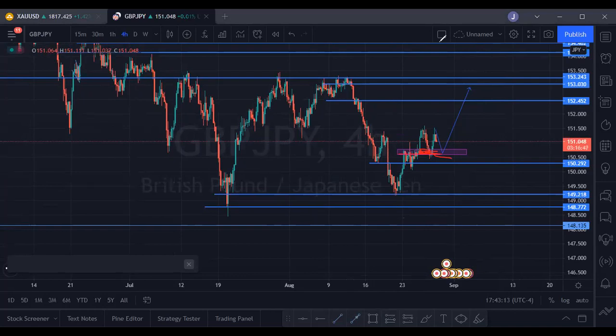Why I'm setting my pending order there is because of this block here. Price reacted here before going up, then tested it again. So now I'm expecting price to come to these points again, then move up.